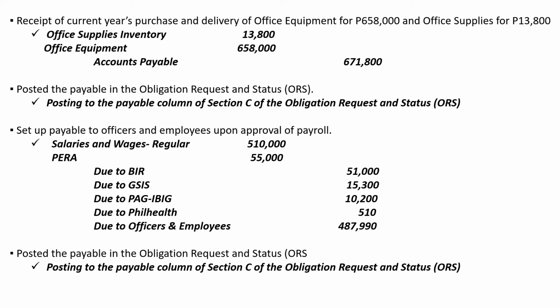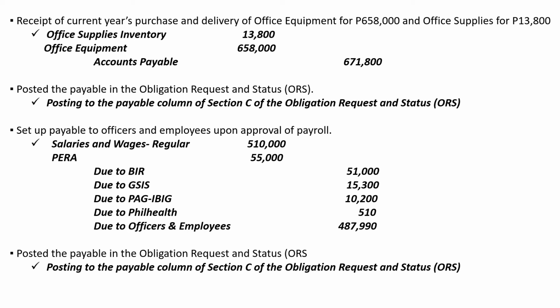Okay, so for our next transaction, we received the current year's purchase and delivery of office equipment for 658,000 and office supplies for 13,800. We will journalize this one because there's an increase in asset and an increase in liability. So we debit office supplies inventory 13,800, debit office equipment 658,000, and we credit accounts payable 671,800.